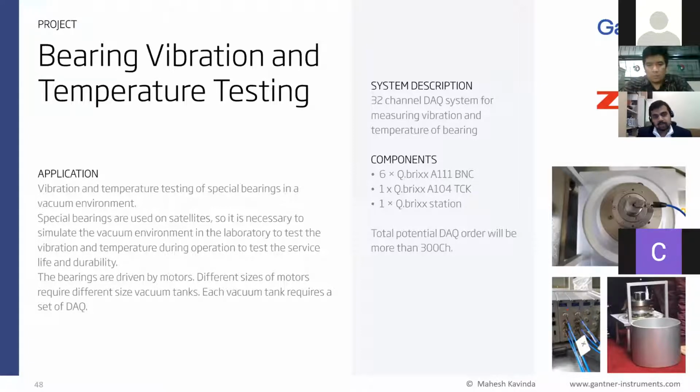These special bearings are used in satellites, so it is quite necessary to simulate the vacuum environment. Here you can see in the images that the portable systems are used to collect data in real time, process, and publish the data for further analysis, and certain algorithms are running locally.